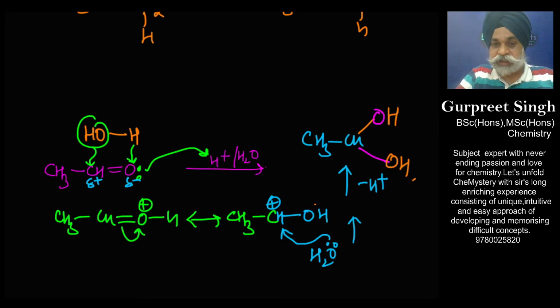So what you are able to see in this particular case is that there is a carbon oxygen double bond here which is omitted, H has gone to one part and OH has gone to the other part.